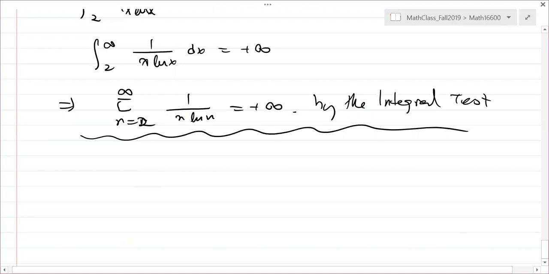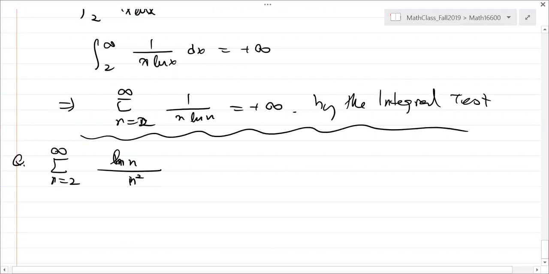All right, so the next problem is problem number 22. So let's finish that quickly. Without the natural log, I know this is a series.